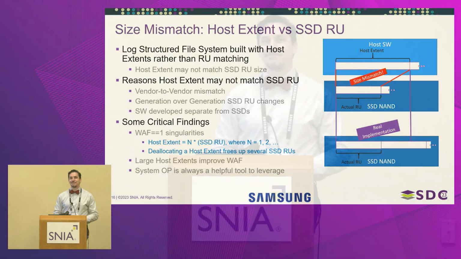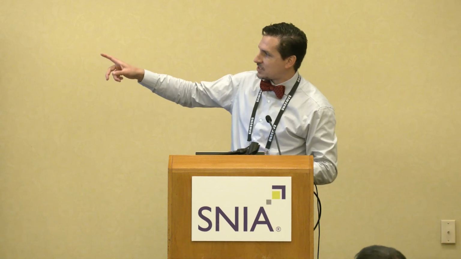Yes? Is it expected that the host write amp might increase, given the hosts are trying to maintain the RU size and they have to write the entire RU all the time? So the question is whether host write amplification increases because they're trying to match up to the SSD RU sizes? That's where we started to get into this: what is the cost system-wide? If you have the GC, for example, shown on this image, we see the host extent goes a little more than 1.5 through the second one.